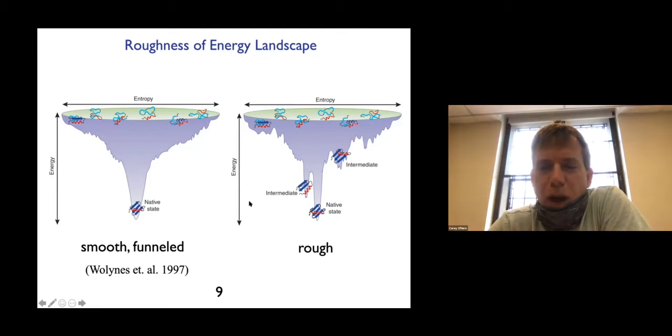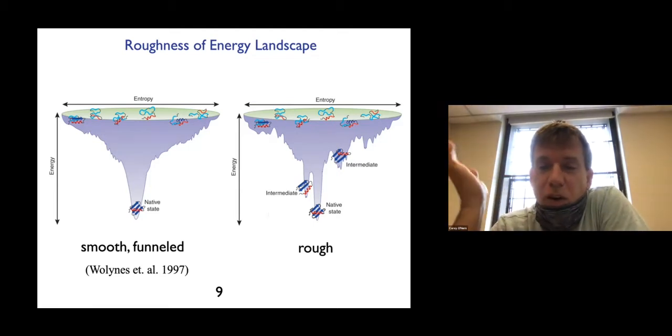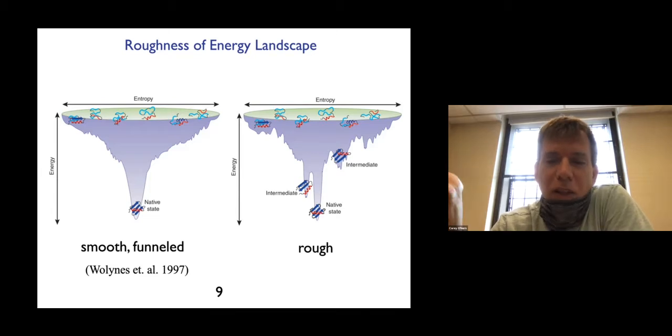Whereas randomly generated sequences, or those that haven't been exposed to evolutionary pressures, can have minima that are not as deep as the native one, but are pretty darn deep. And so the roughness of the landscape is much larger than the smooth one on the left.